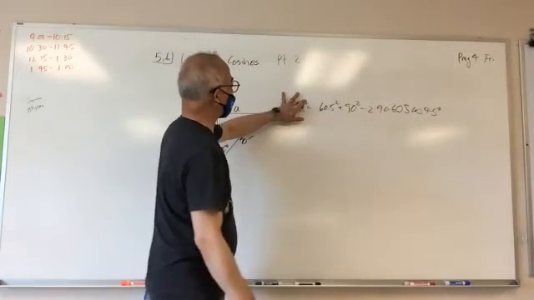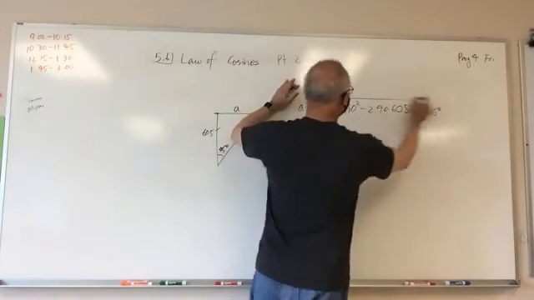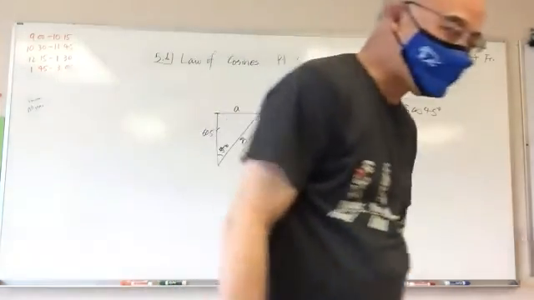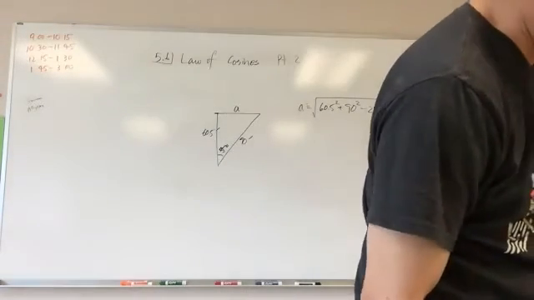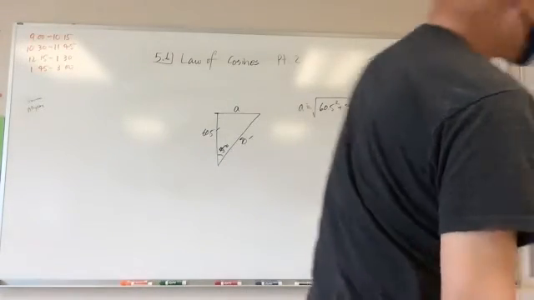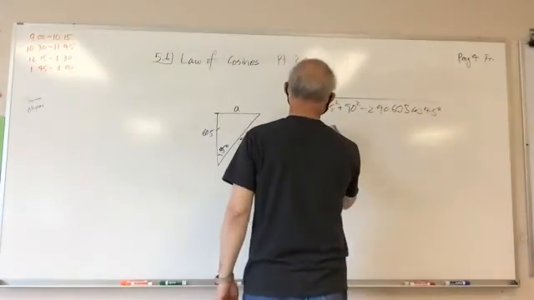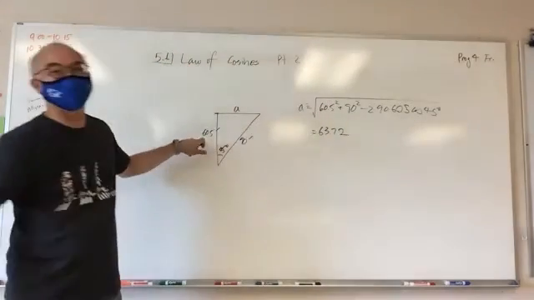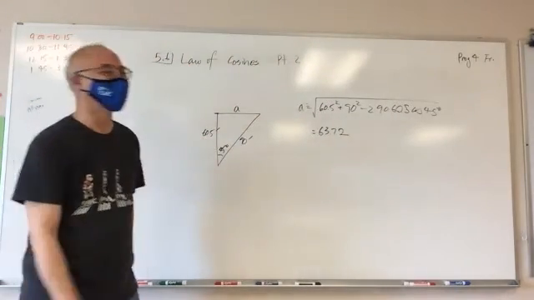So A is going to be the square root of that. And if you do that, obviously you get 63.72, which is not equal to 60.5. Why don't they just make it 50.5? It's so fun.